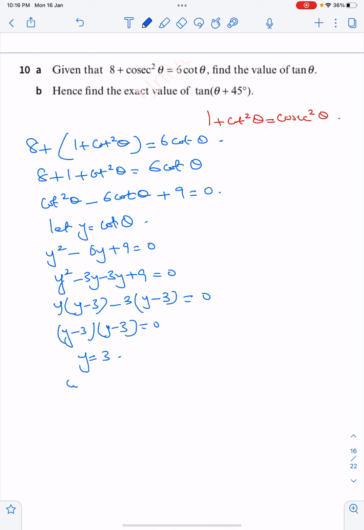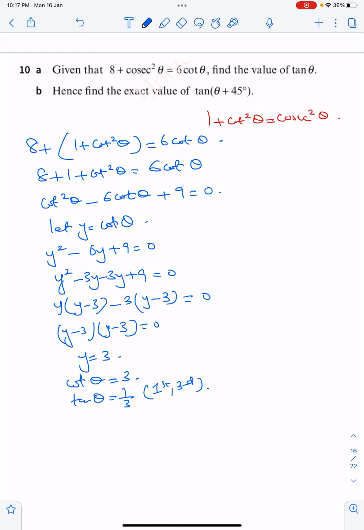What was y? It was cot theta. So cot theta equals 3. So obviously tan theta is going to be 1 upon 3. Positive, so you have to look for it in the first and the third quadrant. I am doing tan inverse of 1 upon 3 here. Angle should be in degrees.